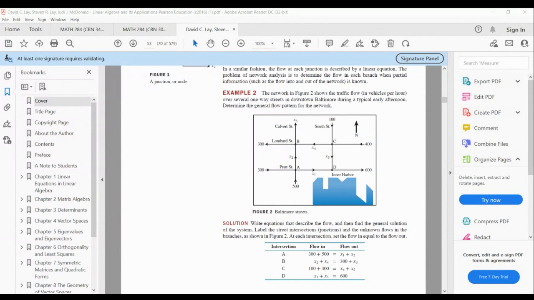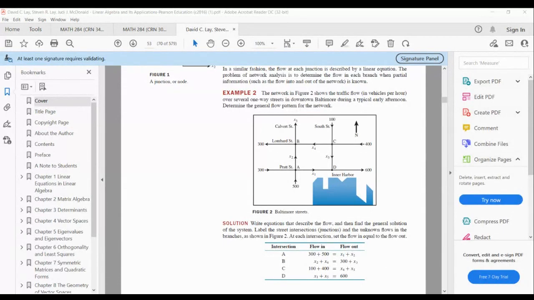In example 2. That's right, Pratt Street. That's right, Mikhail, and Calvert Street. And what's coming into Pratt Street? Well, you have 300 vehicles per hour reaching intersection A through Pratt Street, and 500 vehicles per hour reaching intersection A through Calvert Street.